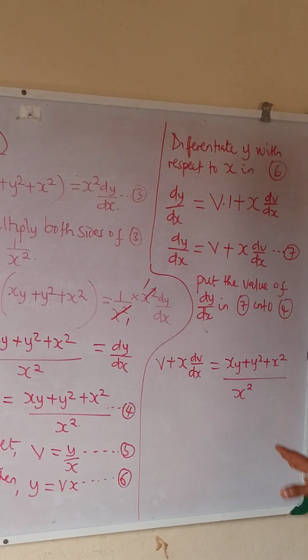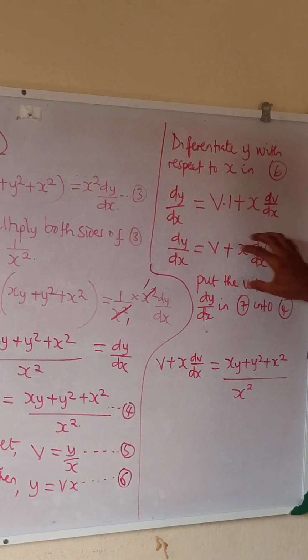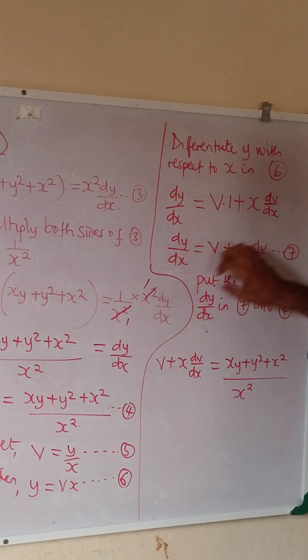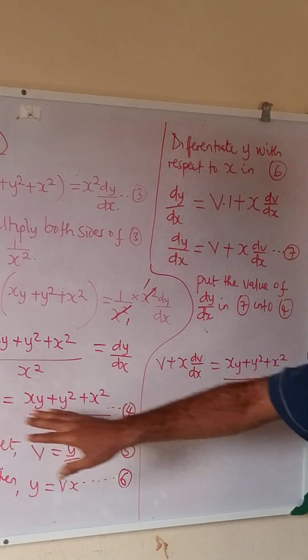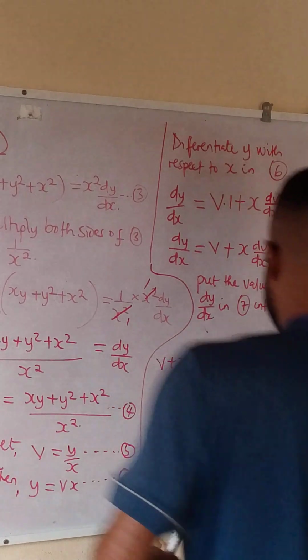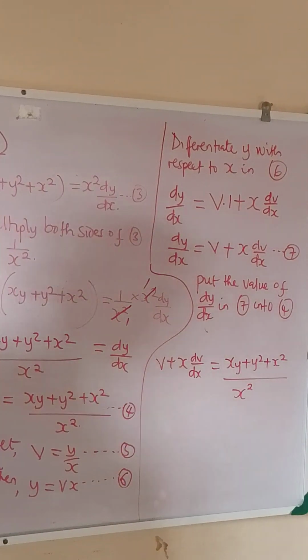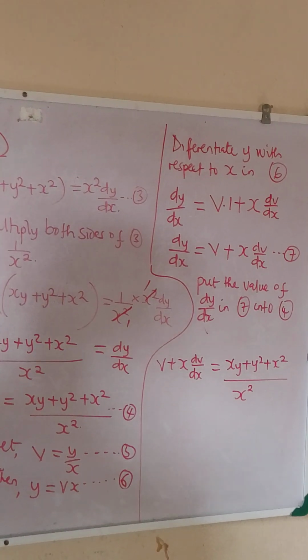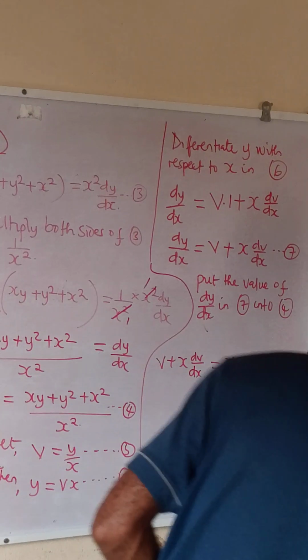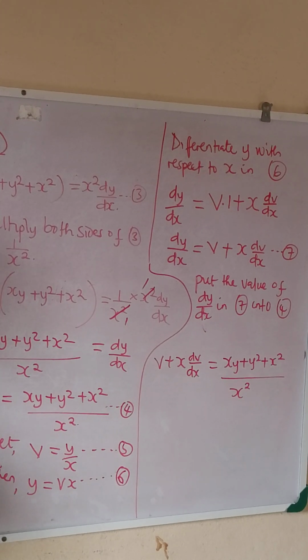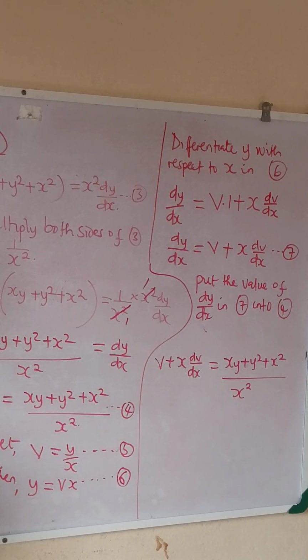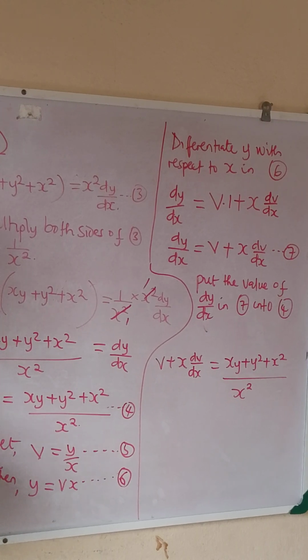So we've been able to take the value of dy/dx in equation 7 and then we put it in equation 4. So we've achieved that. So now let's come to this end and continue it from this end. And we don't need this again.